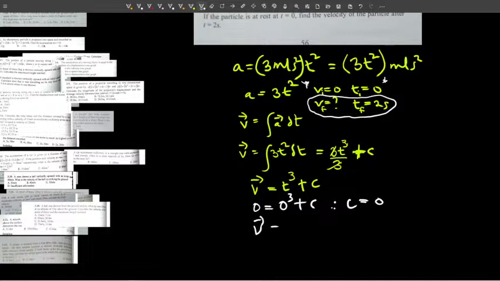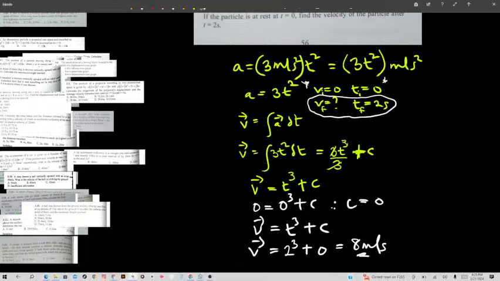My velocity is t raised to power 3 plus c. With t equal to 2, that is 2 raised to power 3 plus 0, and 2 raised to power 3 is 8. So my answer is 8 meters per second.